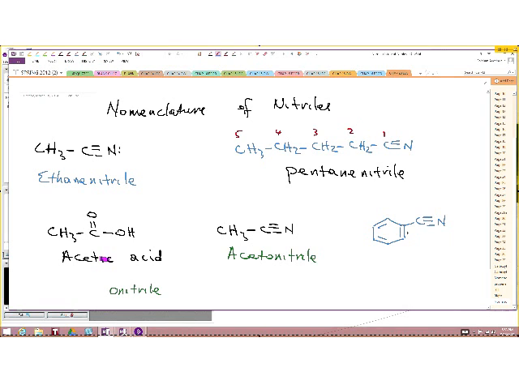If you take a look at this molecule here, the corresponding carboxylic acid will be benzoic acid.